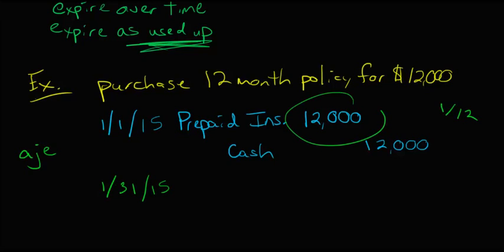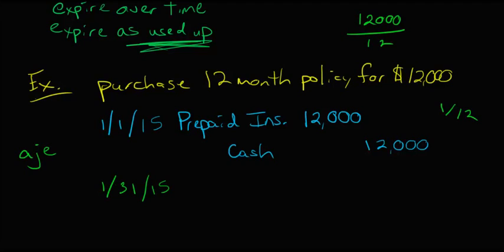This $12,000 asset is not really a $12,000 asset anymore. Now we should multiply it by this 1/12 and say, how much of this asset have we used up? So ultimately we've got this $12,000 divided by the 12 months.